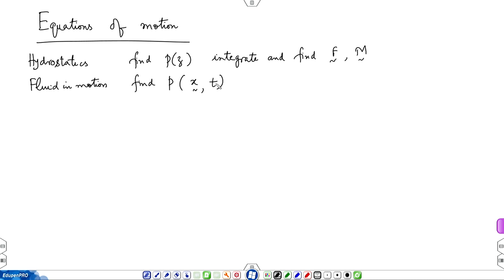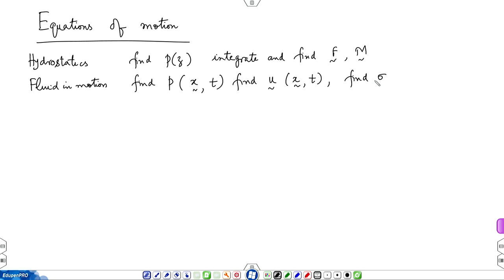This x, with a tilde below, is vector x: x, y, z. So, find P, find u, but u is also a vector which is a function of x and t. And then last time we saw that the derivatives of u will give you the shear stresses and pressure will give you normal stresses. So, together you get the entire stress description. So, from here you find sigma.